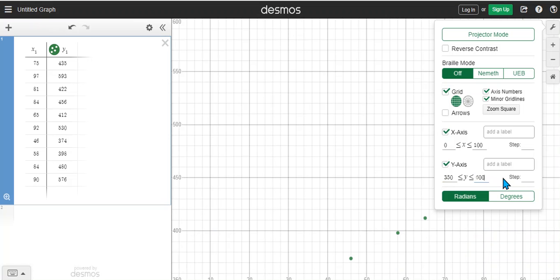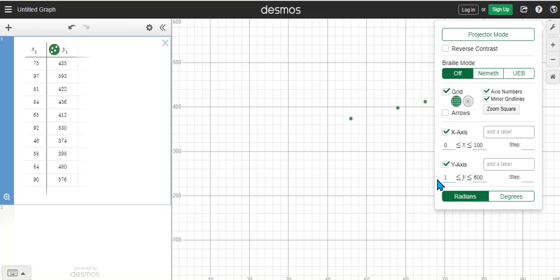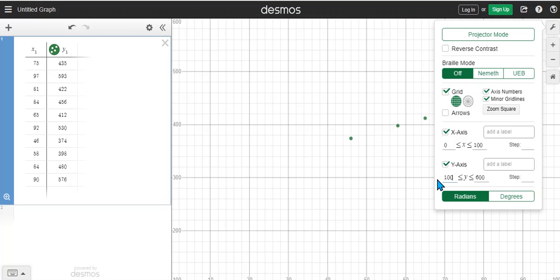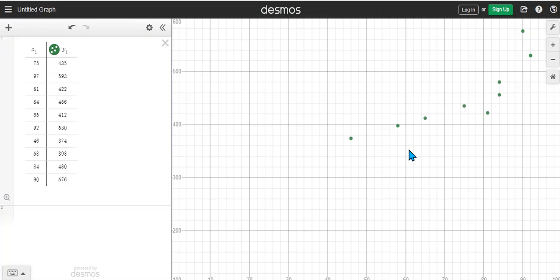All right, I feel like I need to go a bit lower, so I'll just try 100 to 600. Okay, and that looks decent. Let me take a look at it. Yeah, I think that looks decent. Okay, and then after that, you might want to put labels on it.